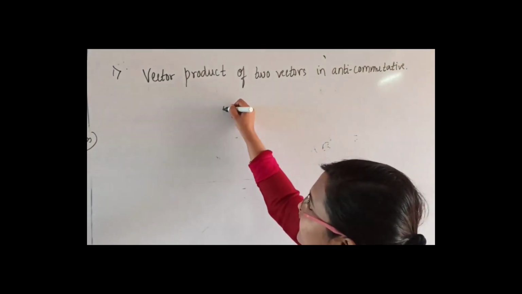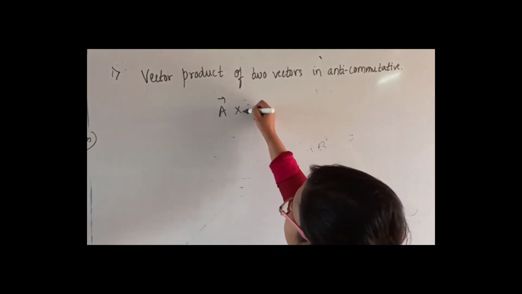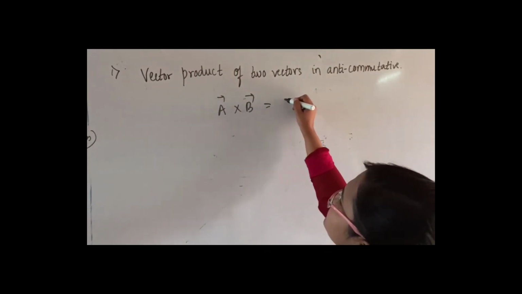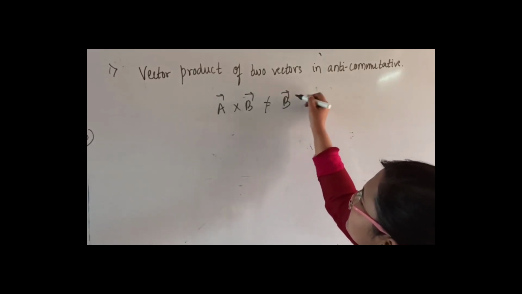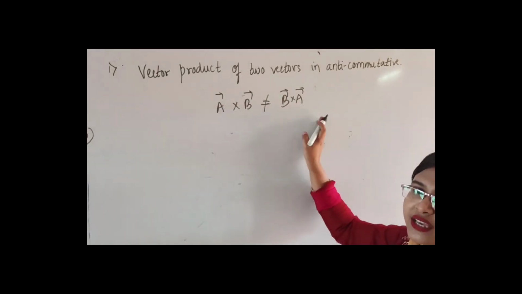That is, we can't say A cross B is equal to B cross A. Clear? We can't say A cross B is equal to B cross A.